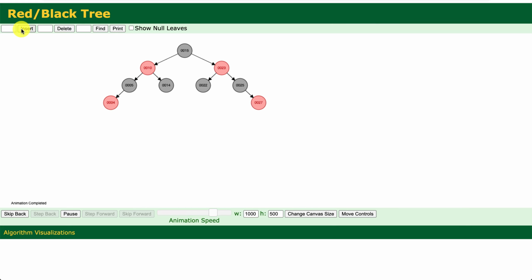So the red-black tree uses its encoding of red and black nodes in order to maintain balance.